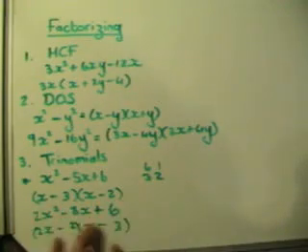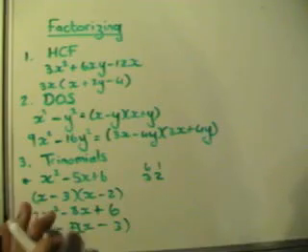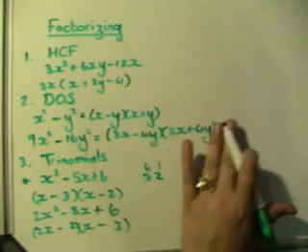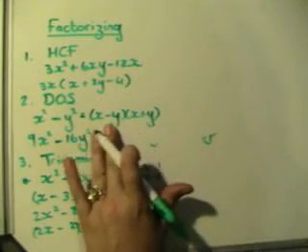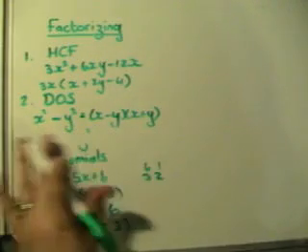In this case it won't be necessary because you can take out the 2, but sometimes you can't. This is called advanced trinomials. I just want to make a little bit more space here on the side.